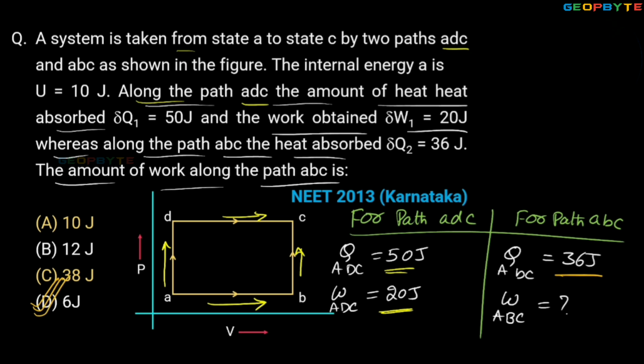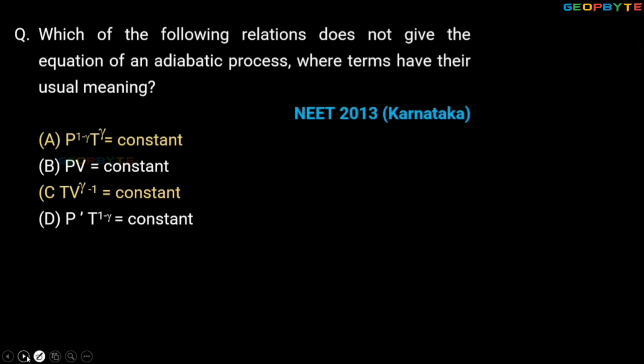Understood clearly? Similarly, let us take another important problem. Look at the screen. It is asking: which of the following relations does not give the equation of an adiabatic process, where terms have their usual meaning?